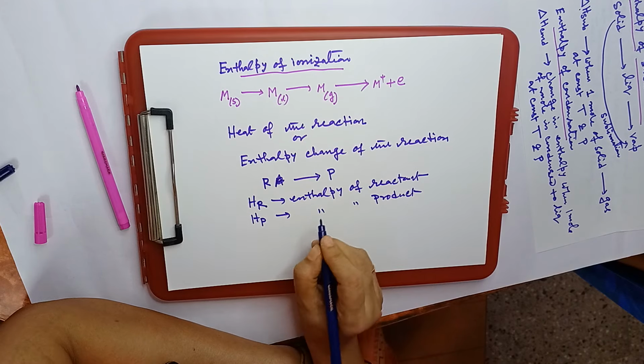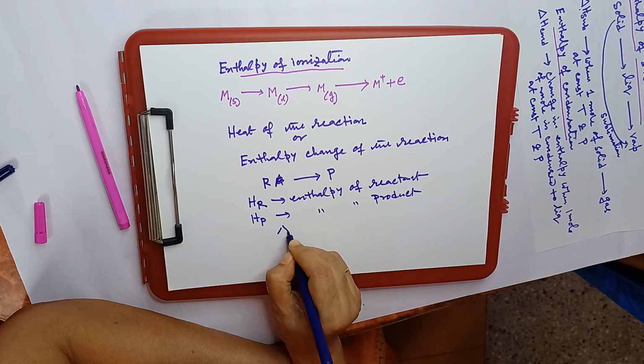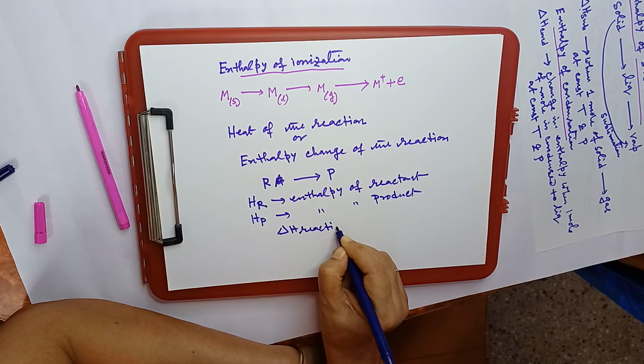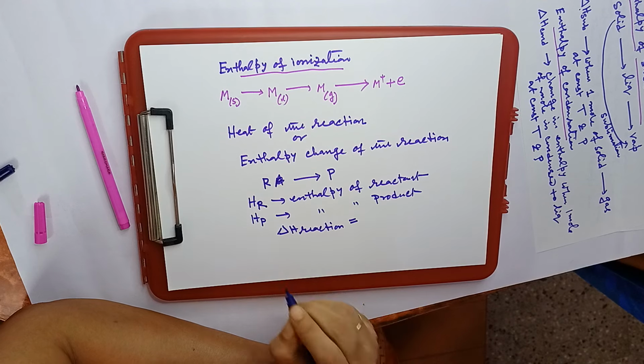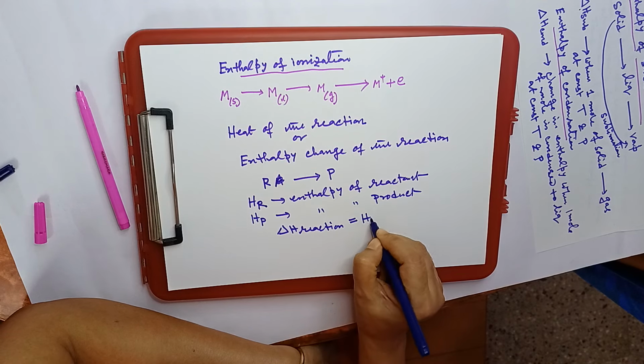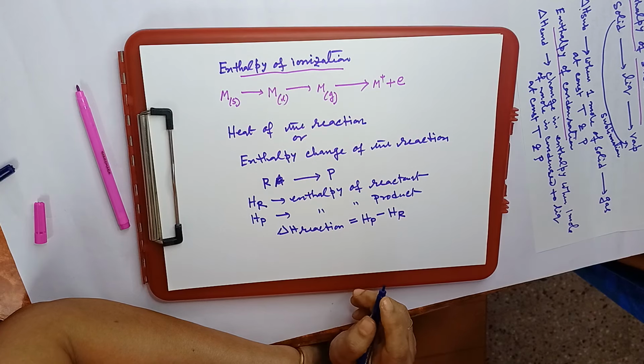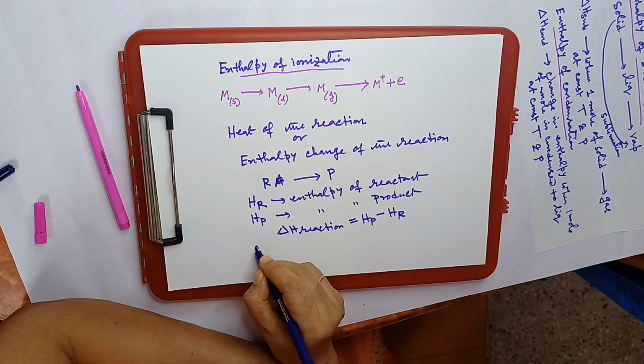Now, the enthalpy of the reaction, delta H reaction, is equal to the difference between the enthalpy of the product and the enthalpy of the reactant.